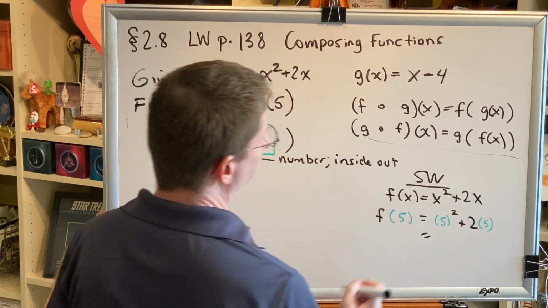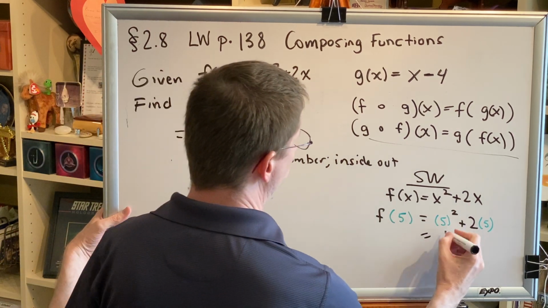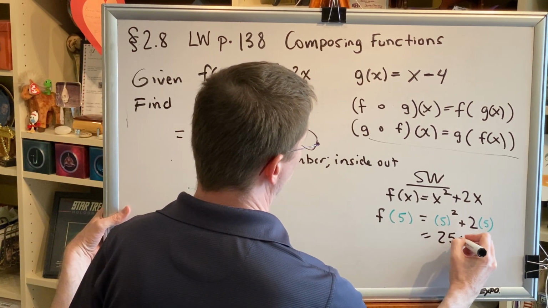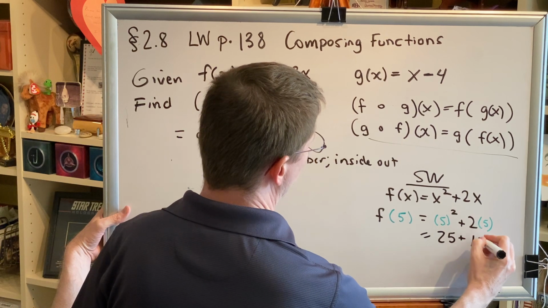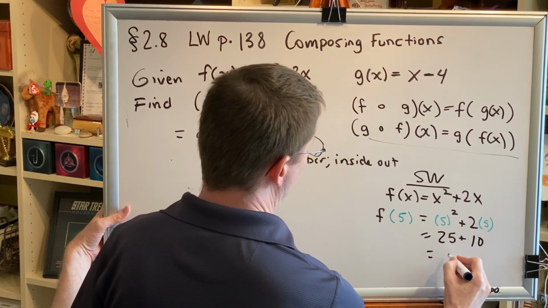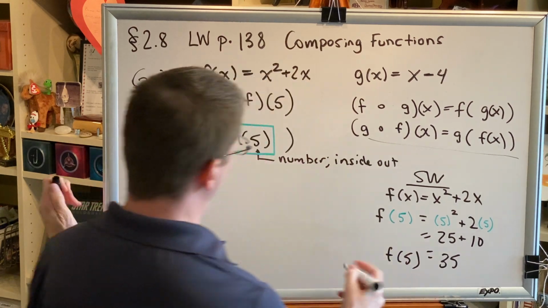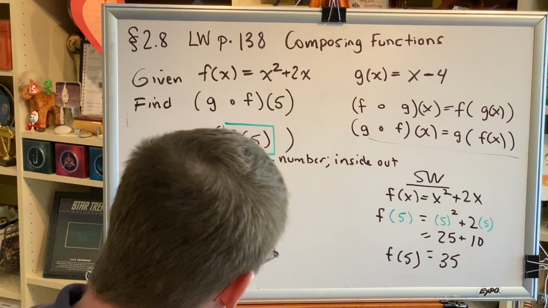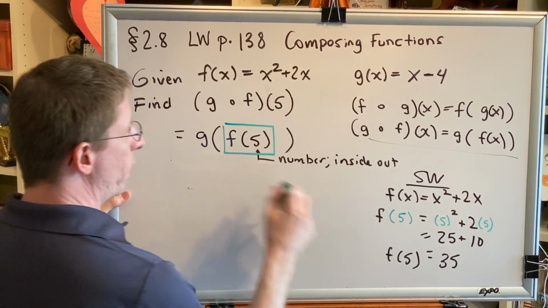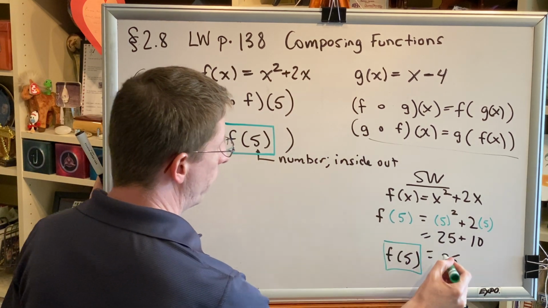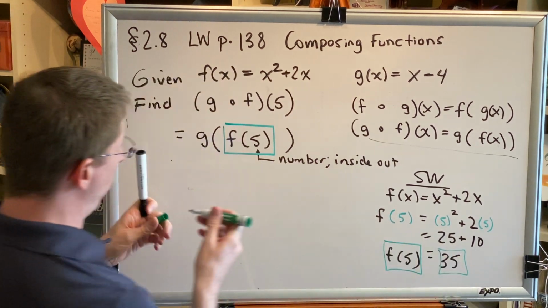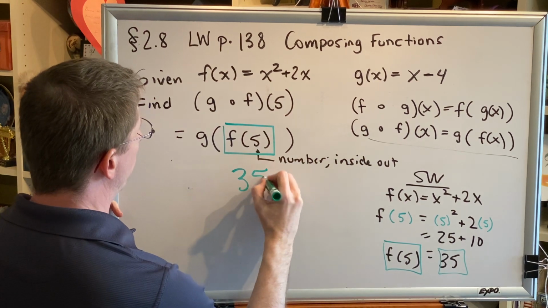Now, simplify by following order of operations. 5 squared is 25. 2 times 5 is 10. 25 plus 10 is 35. So f of 5 equals 35. This thing that we're trying to replace with a number, f of 5, can be replaced with the number 35.